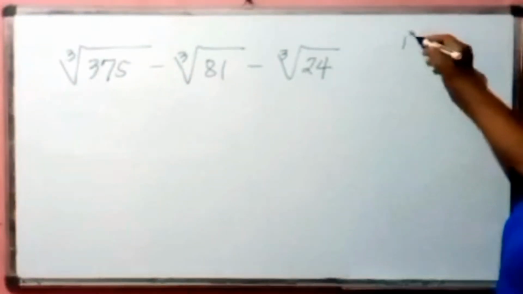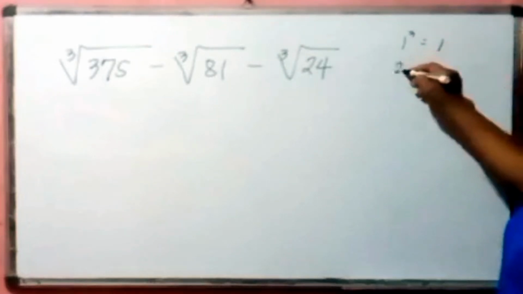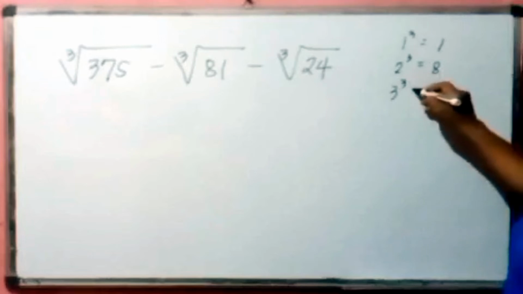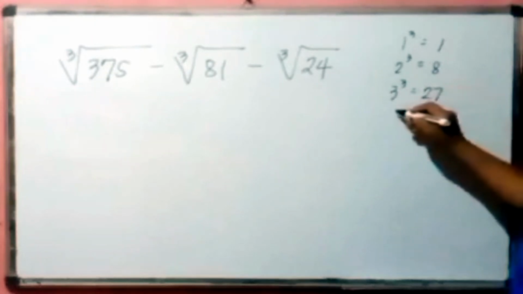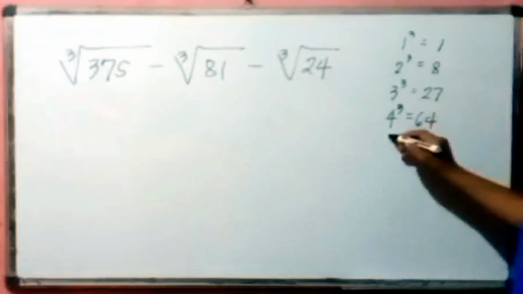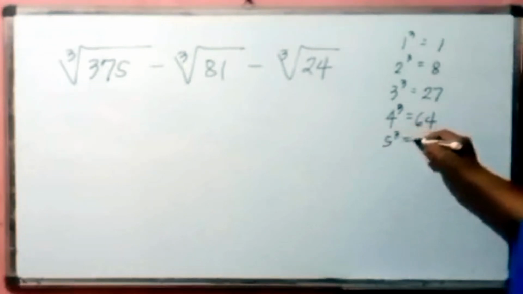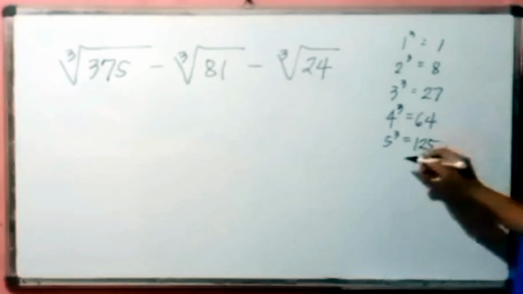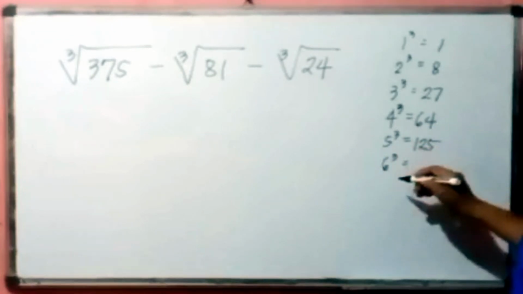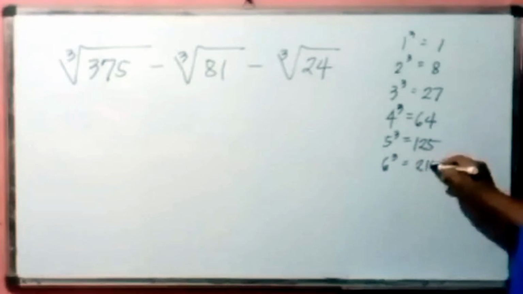Meron tayong 1 cube is 1, 2 cube is 8, 3 cube is 27, 4 cube is 64, and 5 cube is 125, 6 cube is 216, and so on.